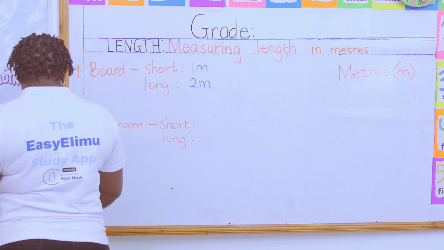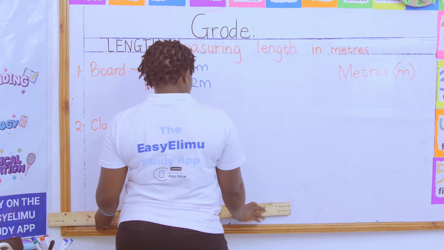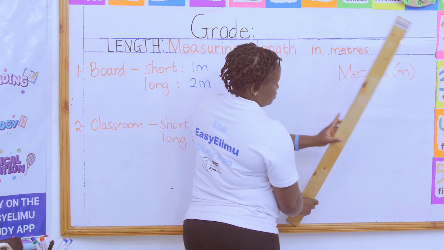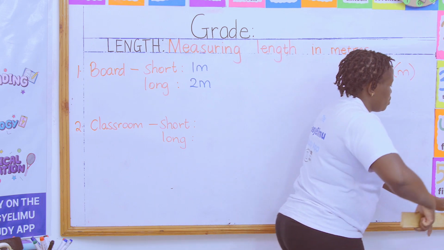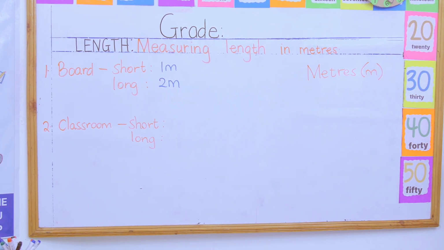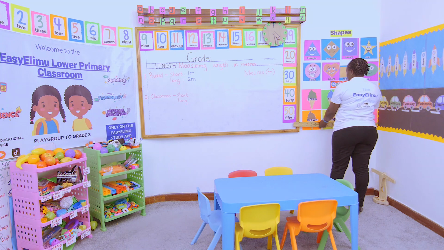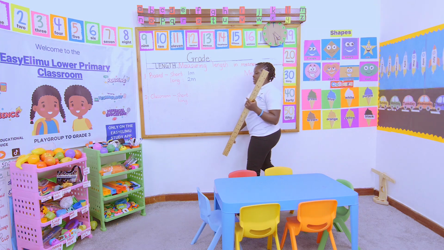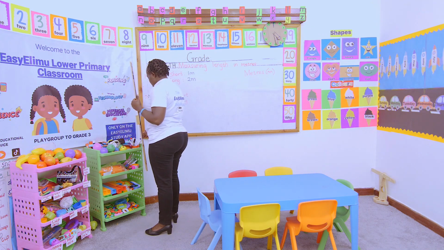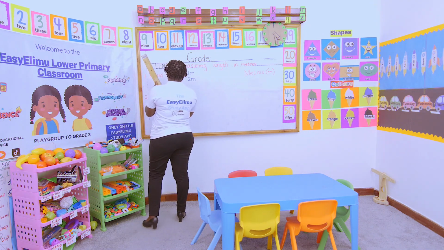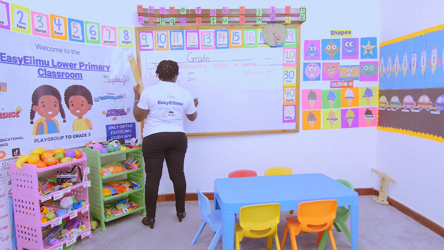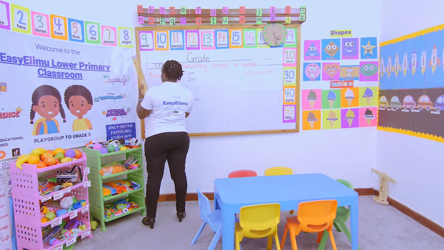So using a meter rule, I'm measuring the size of our classroom. 1, 2, which is not a full 3. So it's almost 3 meters. So we are saying the long side of the classroom is 3 meters.